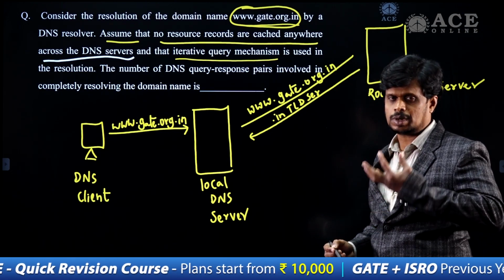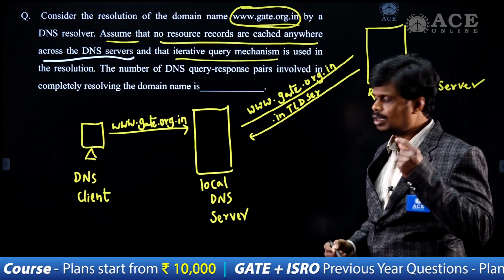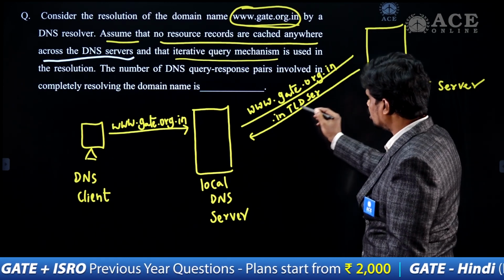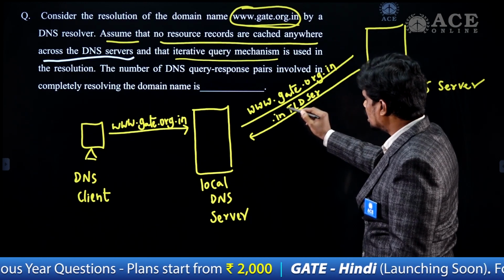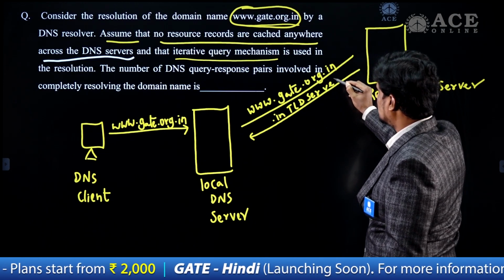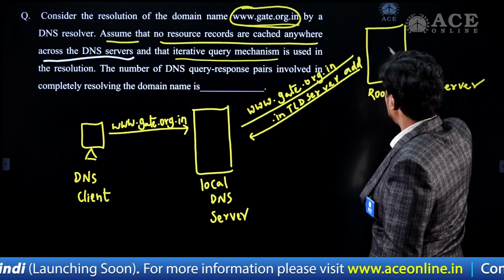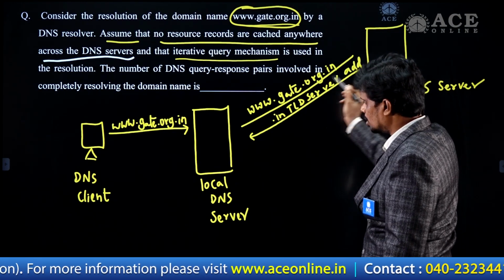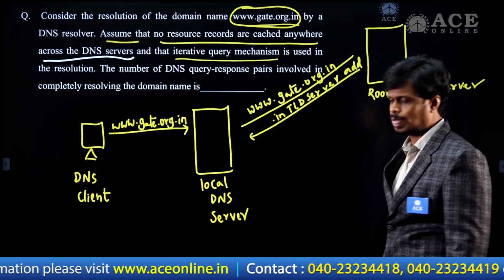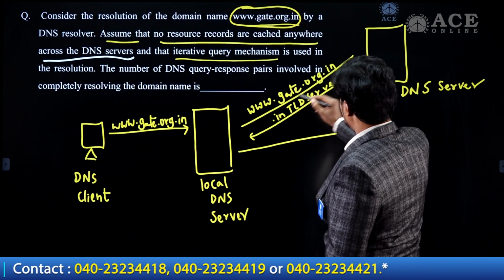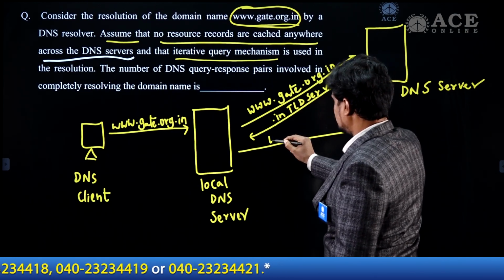This is the country TLD server. The root DNS server gives the reference address of the .in country TLD server to the local DNS server. So now this local DNS server will forward this URL request. What is that URL request?